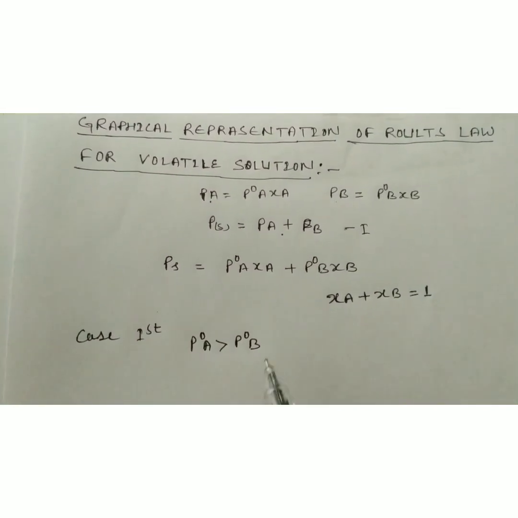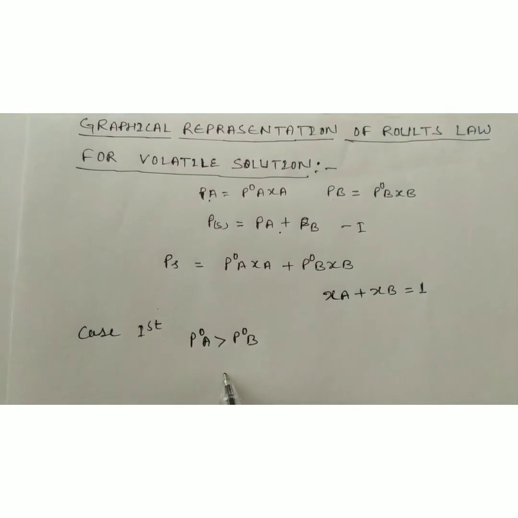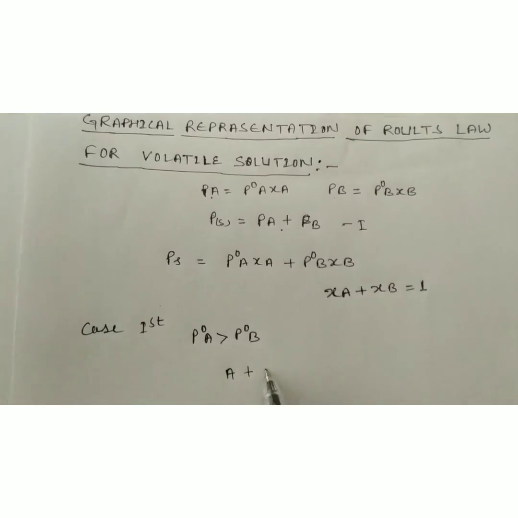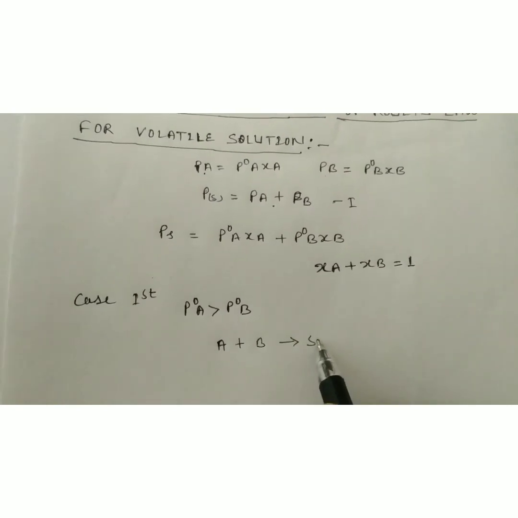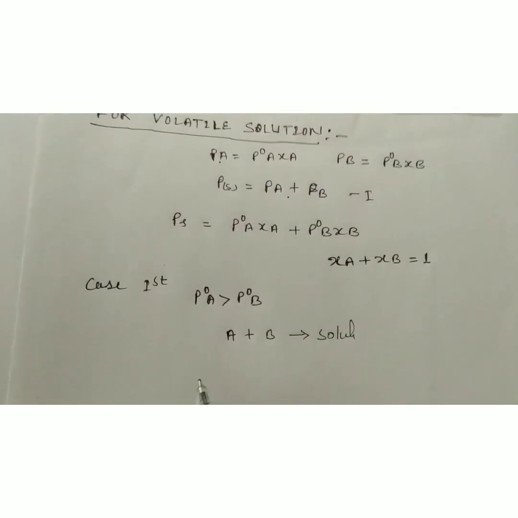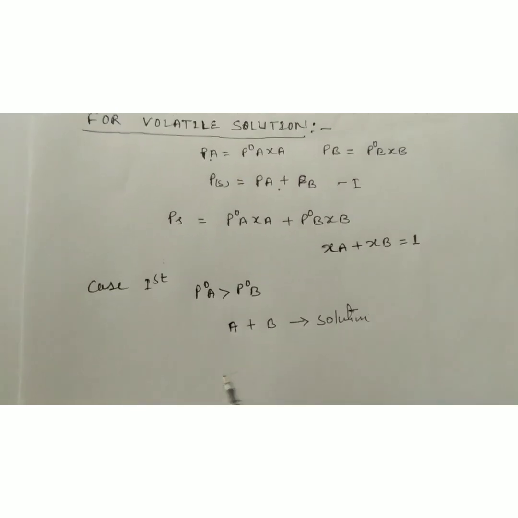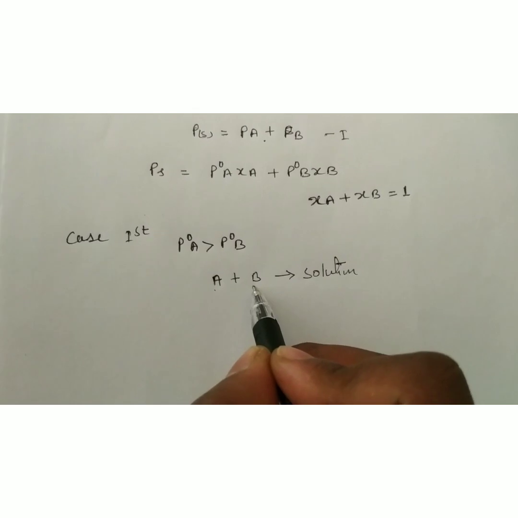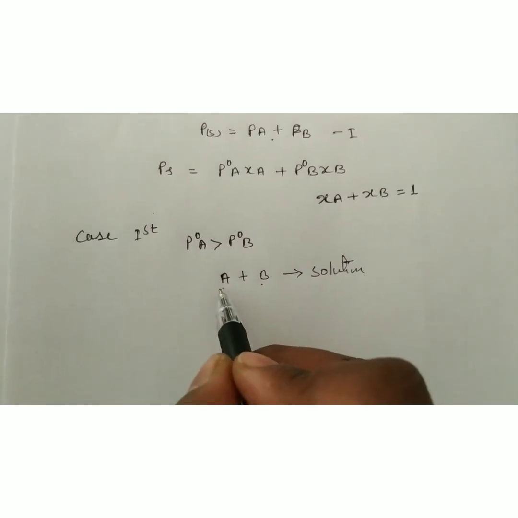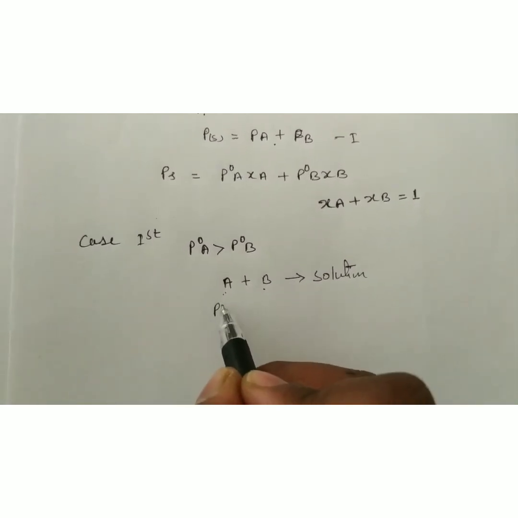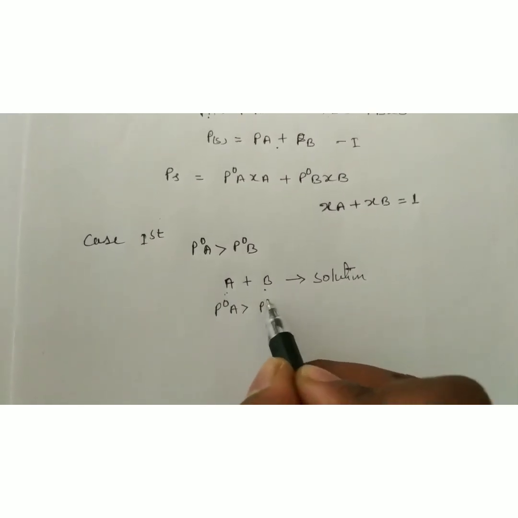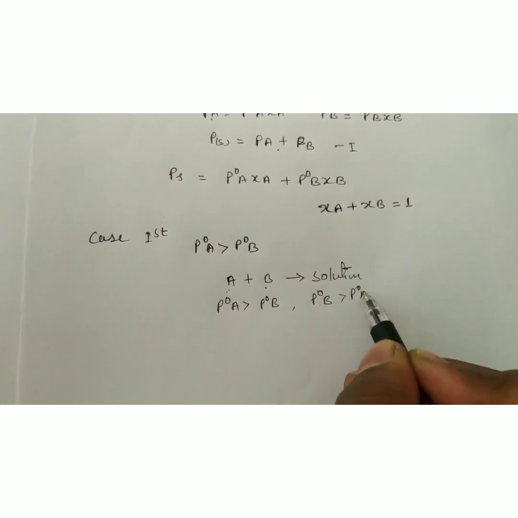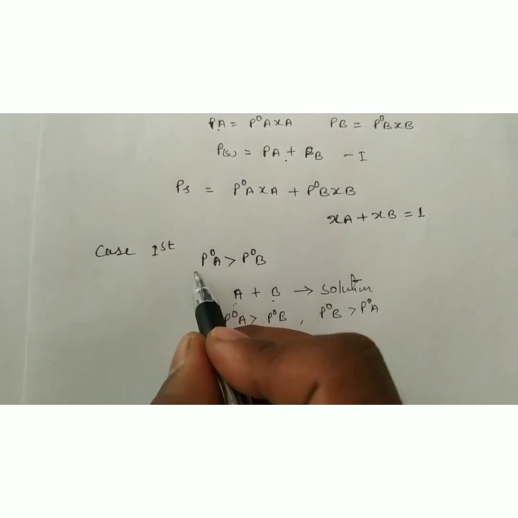So it is not necessary that the vapor pressure of solute, suppose solute is A and solvent is B, is equal to that of the solvent in the formation of solution. Either P naught A will be greater than P naught B, or P naught B will be greater than P naught A. So there are two cases. This is the case first.